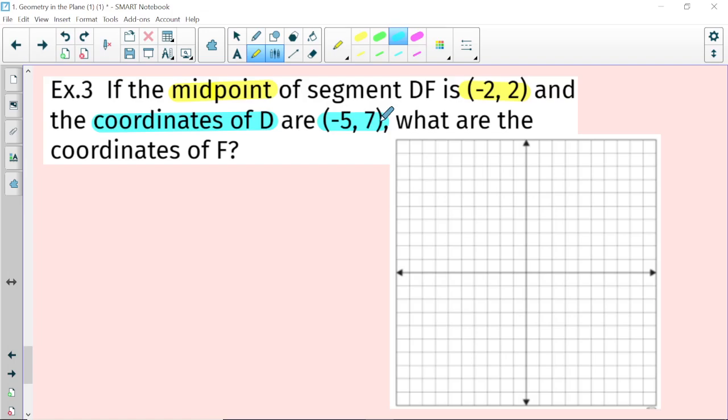So I'm going to draw a small little picture of what this looks like. It's not necessarily going to be drawn to scale or anything, but I'm drawing a little mini picture of my segment DF. Remember, D and F have to be the end points. And then the midpoint is halfway in between them.